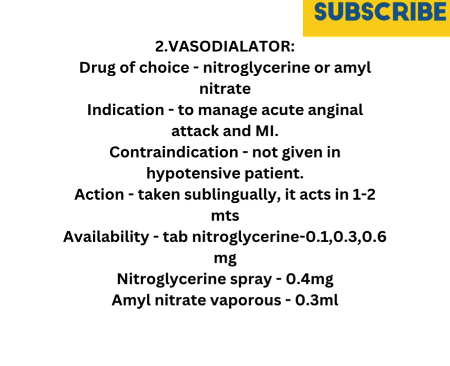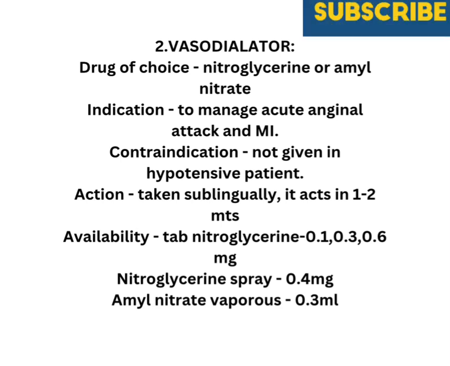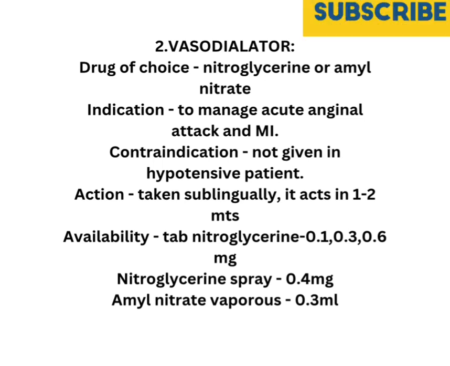Contraindication: not given in hypotensive patients. Action: taken sublingually, it acts in 1 to 2 minutes. Availability: tablet nitroglycerin 0.1, 0.3, 0.6 milligram, nitroglycerin spray 0.4 milligrams, amyl nitrite vaporole 0.3 milliliters.